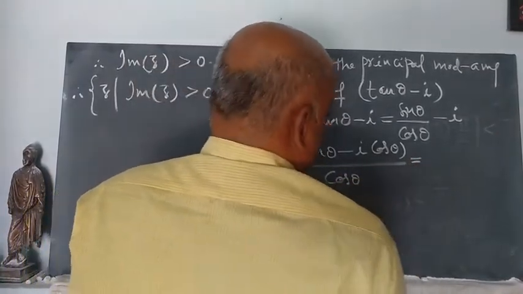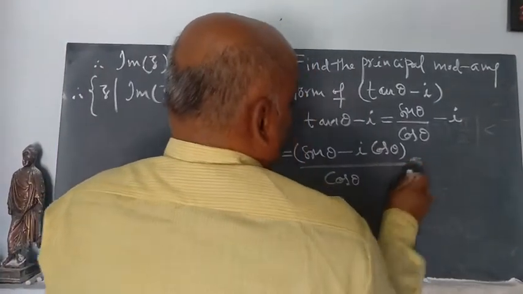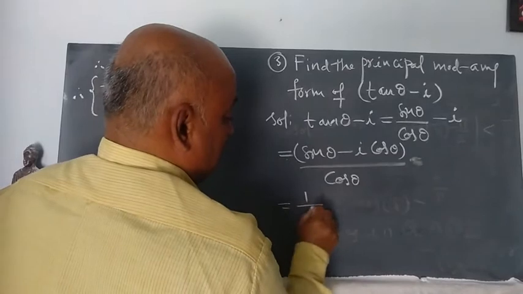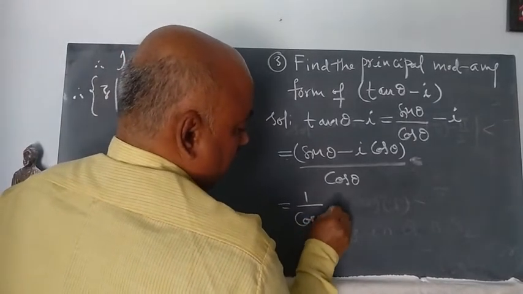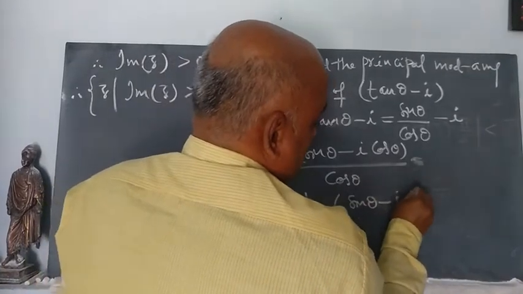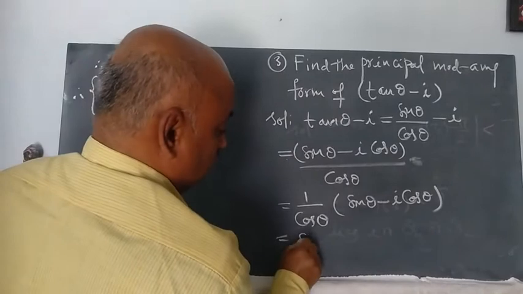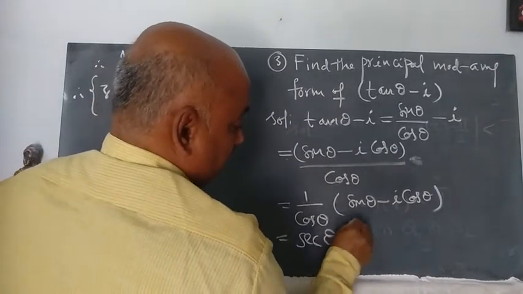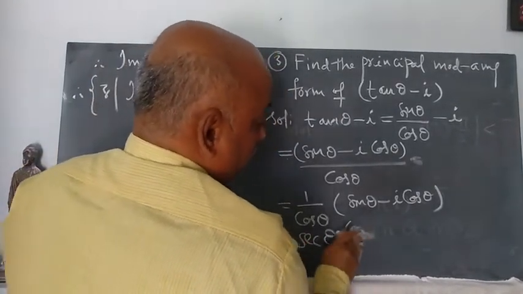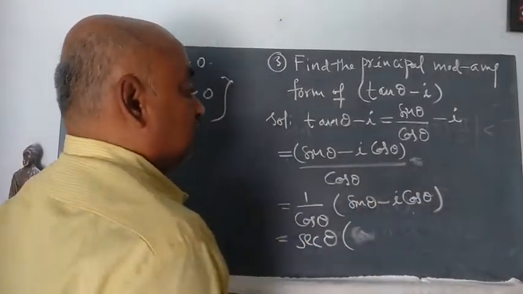This is equal to 1 by cos theta, which is secant theta. So 1 by cos theta into (sin theta minus i cos theta). This is equal to secant theta into (sin theta minus i cos theta).